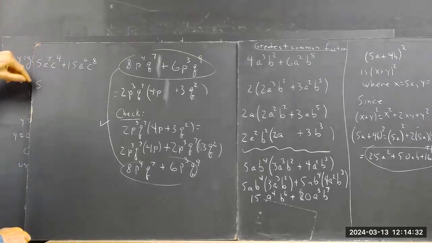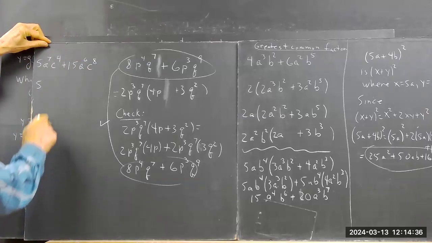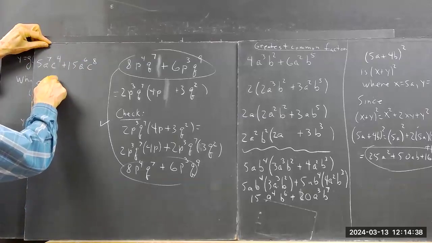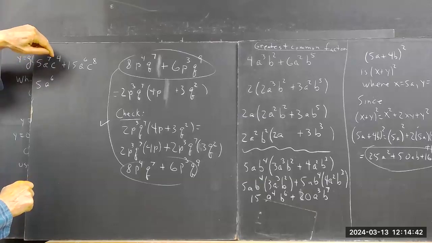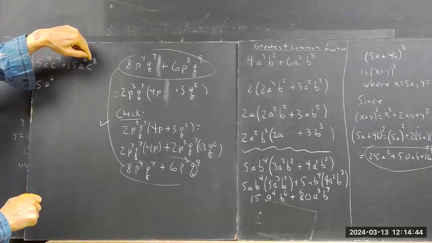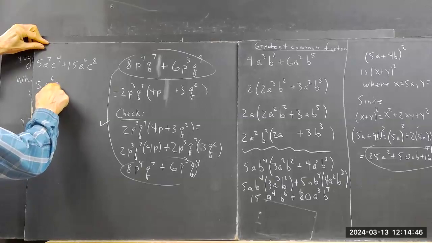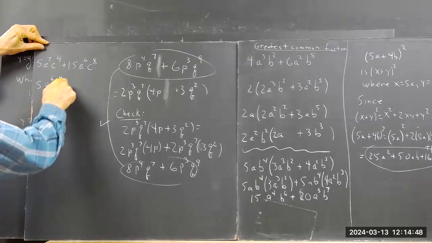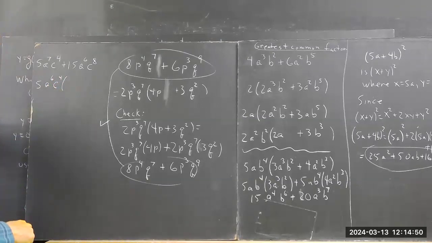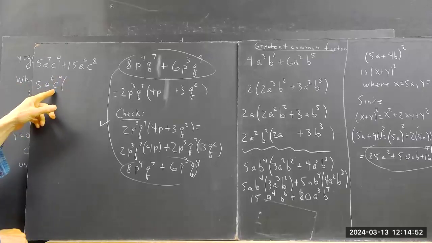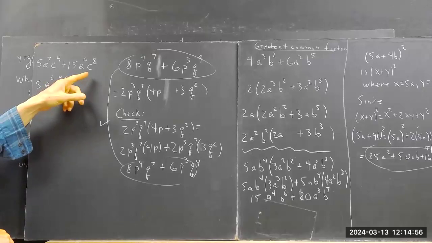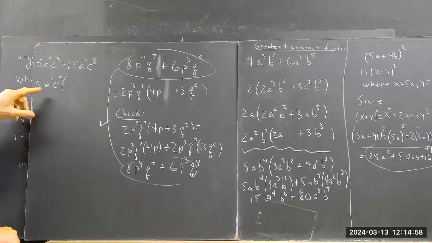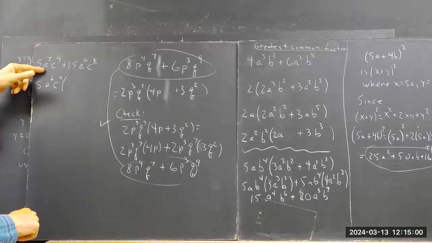So you'll have 5 here. You have a to the 7th and a to the 6th, so you're going to want a to the 6th, at least, to the powers of a. You got c to the 4th, c to the 8th. You're going to use c to the 4th here. And then the question just becomes what I need to multiply this by to get this, and what I need to multiply this by to get this.